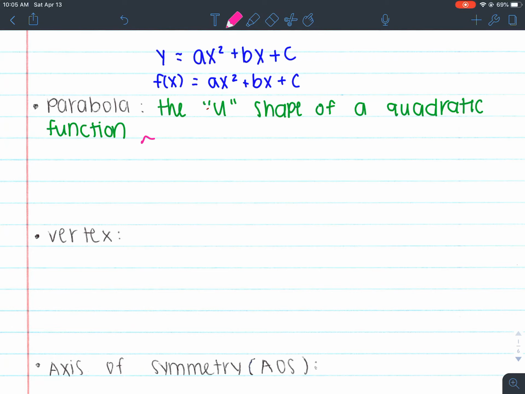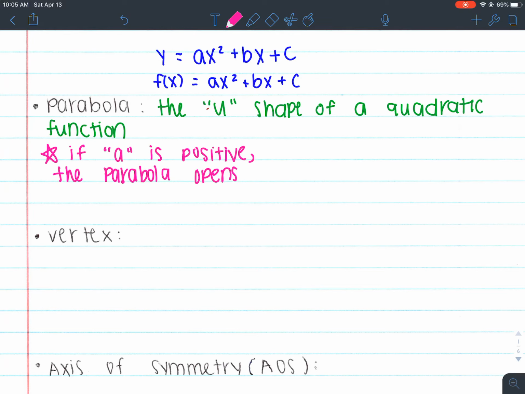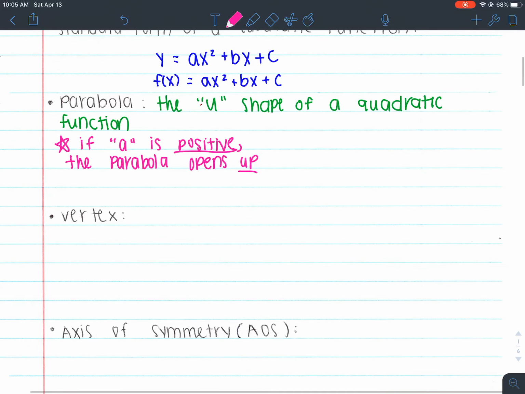So there's two types of parabolas you'll see. Let's talk about the first one. If a is positive, then the parabola opens up. Basically means it's facing up. It's not saying it's going to close if it's negative, but it's going to open up, as in it's going to face up.